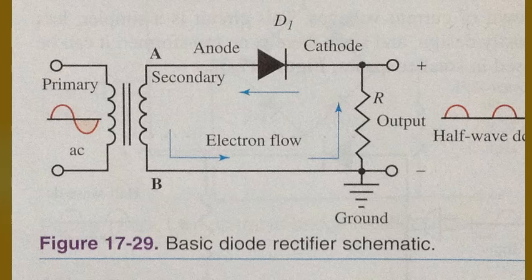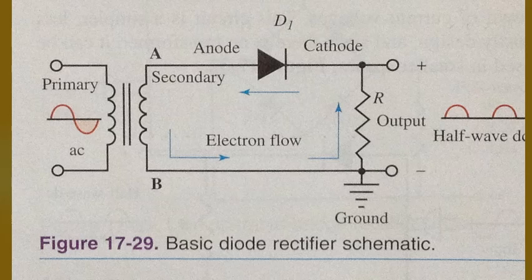The top of the transformer at point A is joined to the diode anode. Note that the B side of the transformer is connected to ground. During the first half cycle, point A is positive. The diode conducts, producing a voltage drop across resistor R equal to IR.